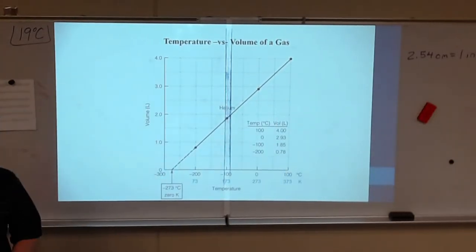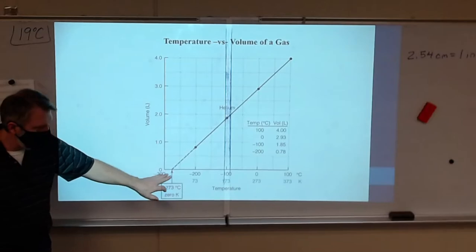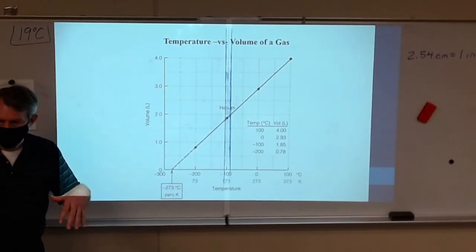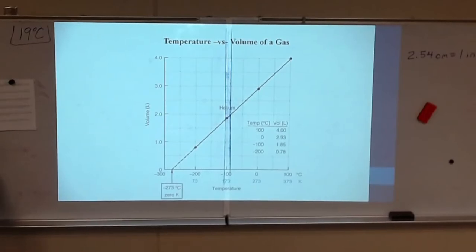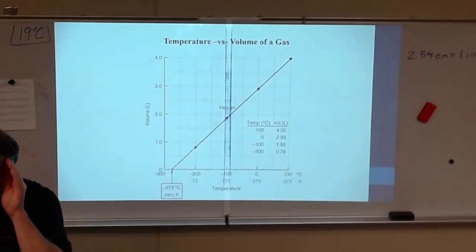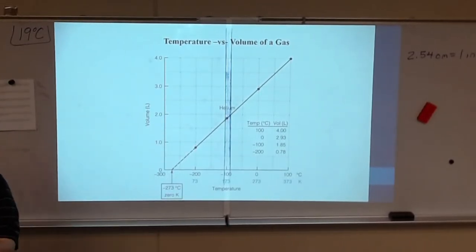So notice whenever we're at 0 Kelvin, does the volume ever actually get to 0? Why not? Because why? A volume of 0 means there's utterly nothing there, but if I've got a collection of gas molecules, the molecules themselves do take up space.